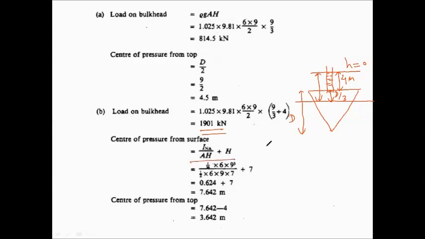This is the formula INA by AH plus H. So INA will be again as it is BD cube by 36 divided by A. Now the only thing that is going to change here is H. H will be 4 plus D by 3, that is 9 by 3. This thing only is going to change compared to earlier. That's the reason I was telling you.